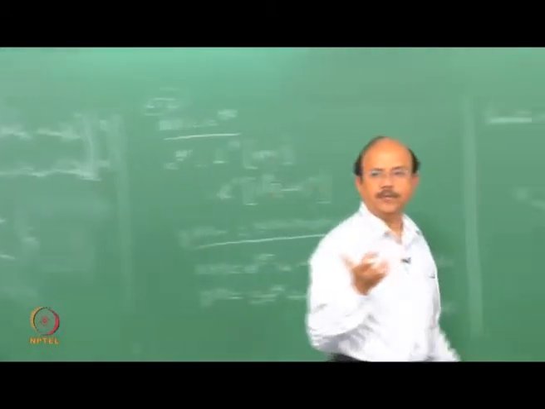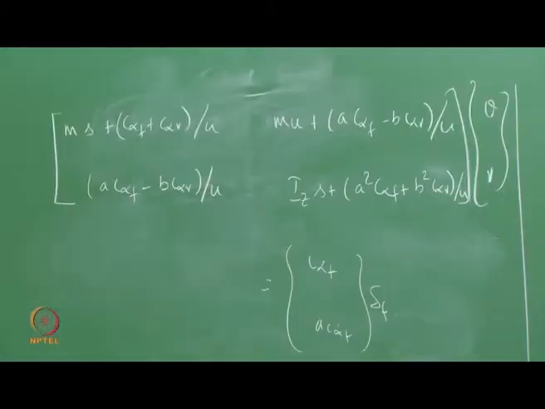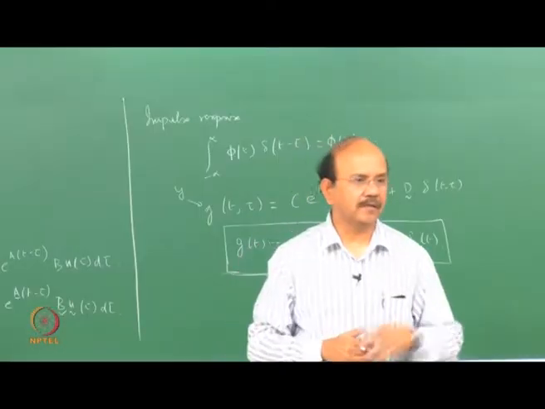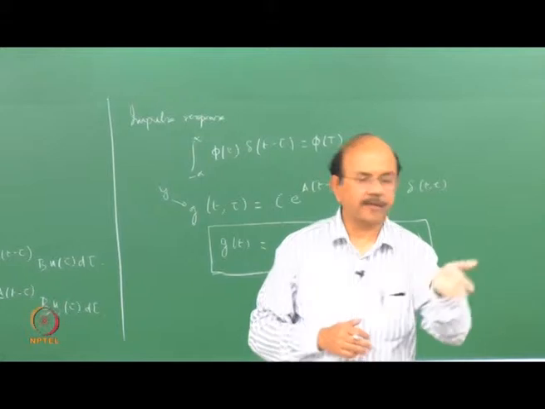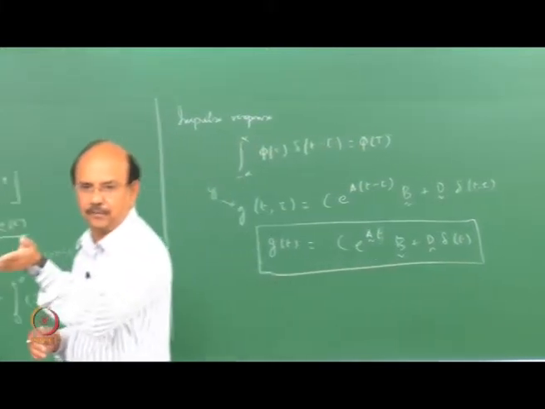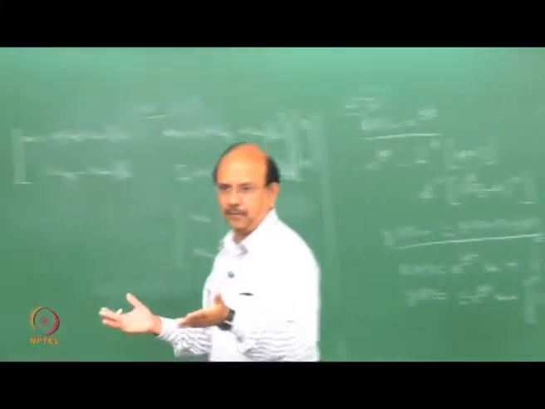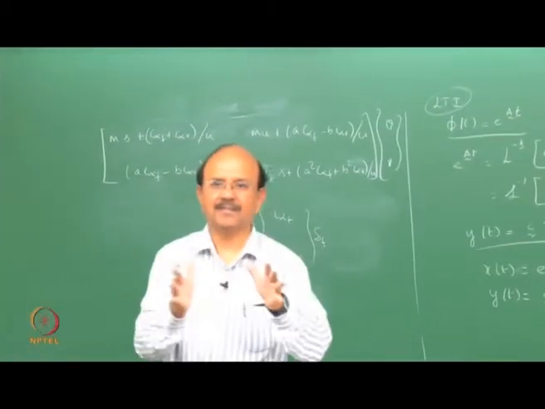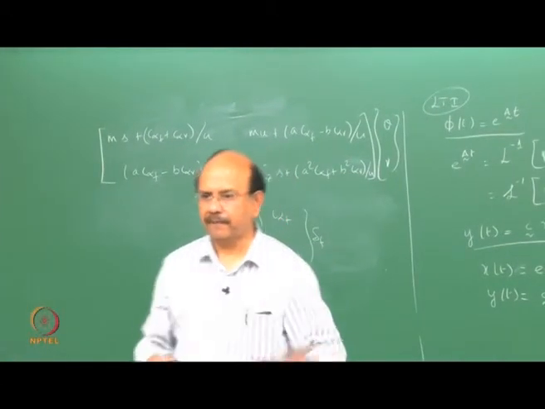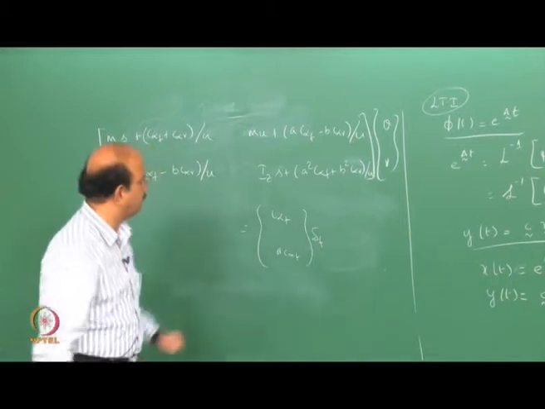Clear? What did I do? I just took a Laplace transform, recognized that the Laplace transform of x dot of t is s times X of s, substituted it in that expression, and just rearranged it. Nothing very difficult.